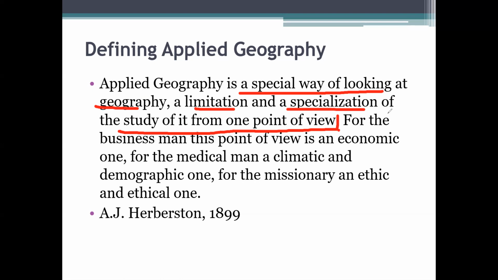So when we summarize the idea given by A.J. Herbertson in 1899, applied geography is looking at a phenomenon or features on the Earth's surface from one point of view.